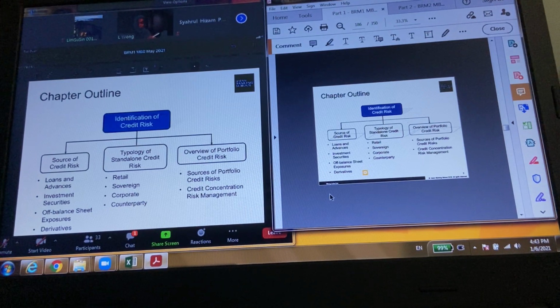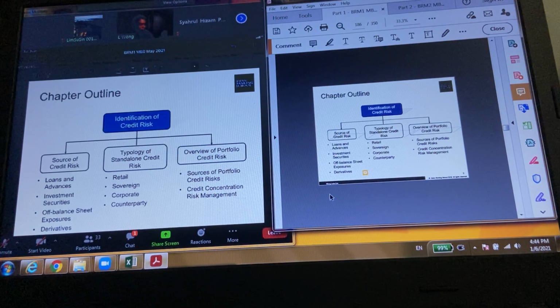Government, what are the potential risks? Although earlier I did say that when you lend money to government there's no risk, theoretically, no risk. But actually, when you lend money to government you do have risk, especially a foreign government. We will talk about that further. Corporates, definitely. Counterparties have to do with derivatives.